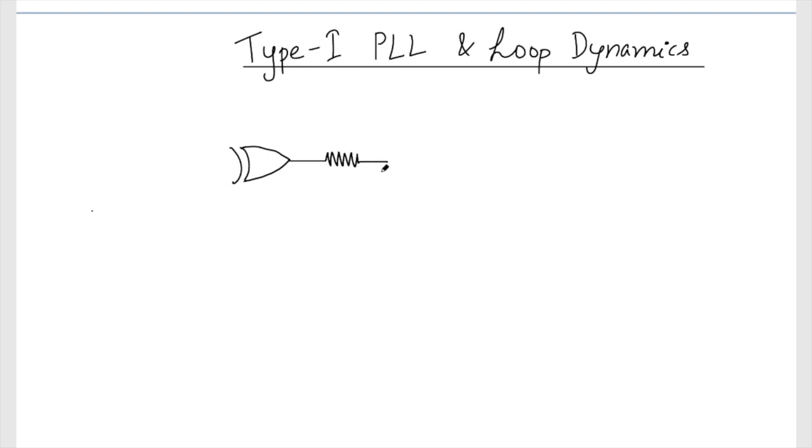For the low pass filter we will be using a simple RC circuit. We know that a simple RC filter is a low pass filter. Of course we can go for a more sophisticated low pass filter, but in this example we just want to use a simple R and C, and the average value of the PD will be fed to the VCO.